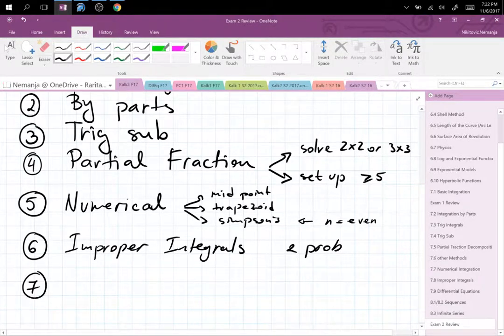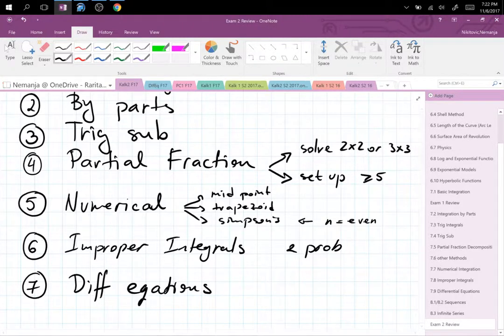Problem 7, differential equations. I am primarily interested in two things in there. I am interested in separation of variables, and I'm interested in linear first order, that formula, whether you do it by separation or you memorize the formula, whatever.